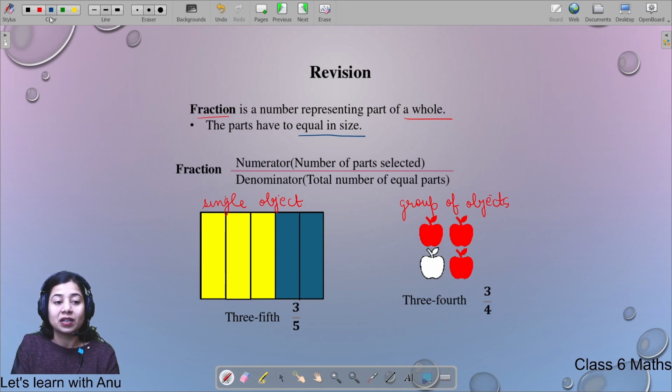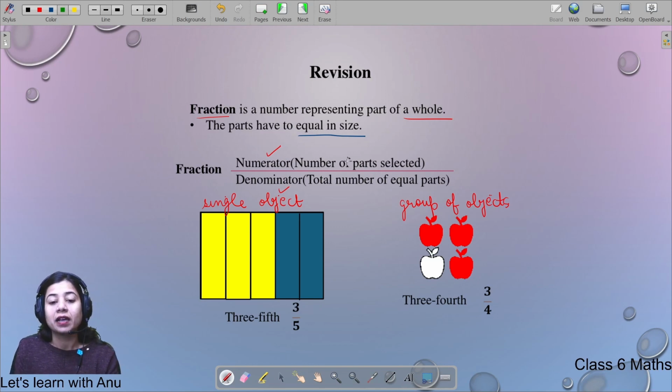After this, it's important to understand how to represent fractions. They are represented using two numbers with a horizontal line in between them, right? The number above the line is known as numerator and the one below the line is known as denominator, right class? So what is numerator? I'll tell you all.